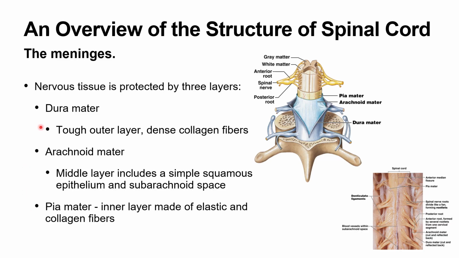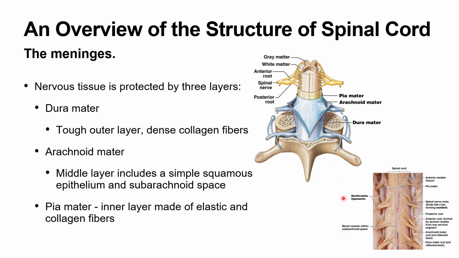The dura mater is, of course, going to be the toughest, most dense outer layer. It's going to be mostly comprised of collagen fibers, and it is going to create most of the protection around the spinal cord.